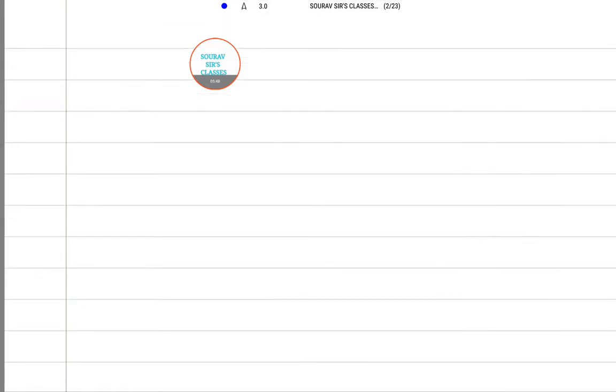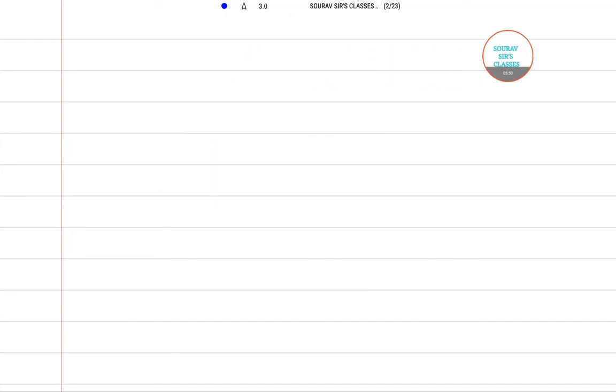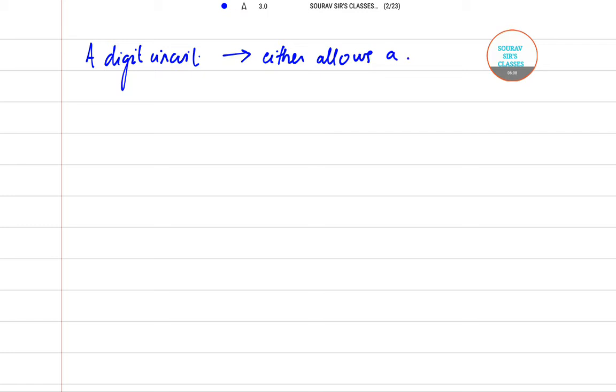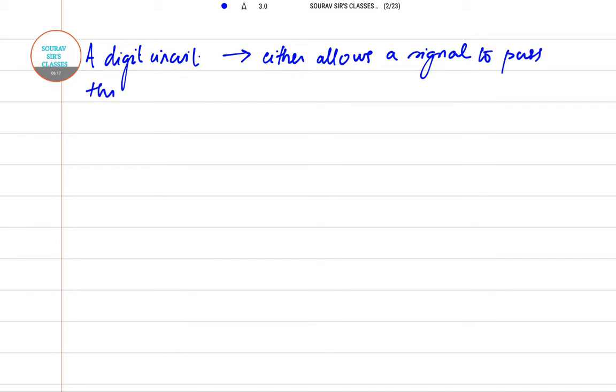So let's get started. First we will start with the very definition. A digital circuit which either allows a signal to pass through or stops it is called a gate.